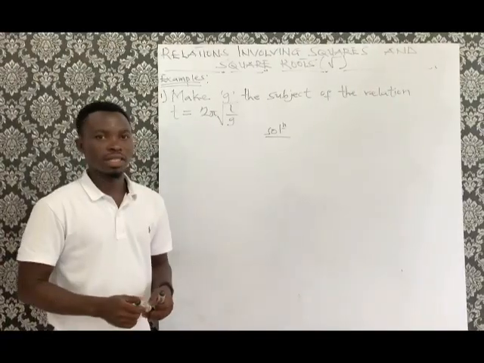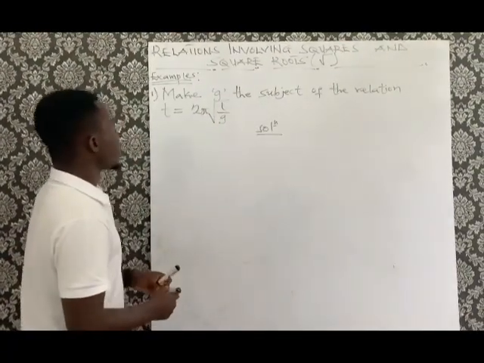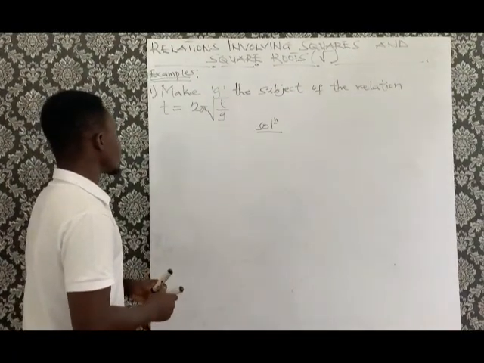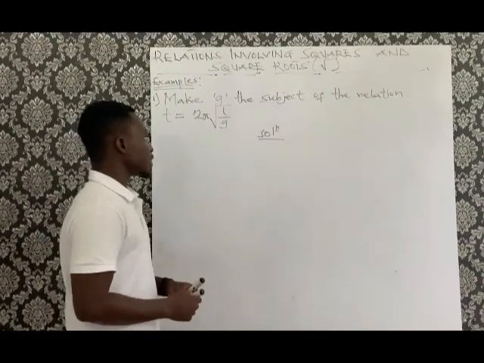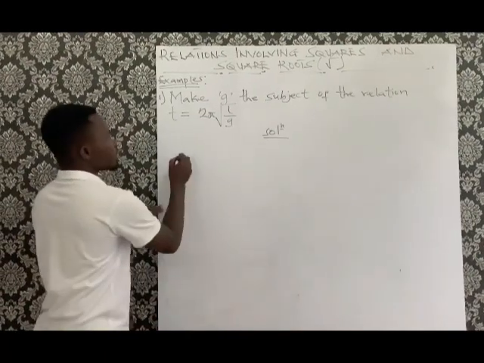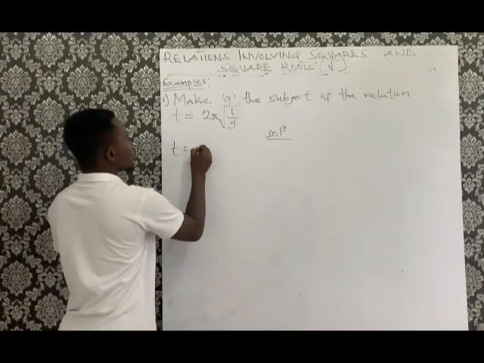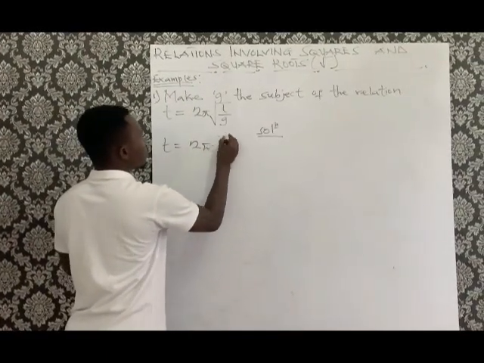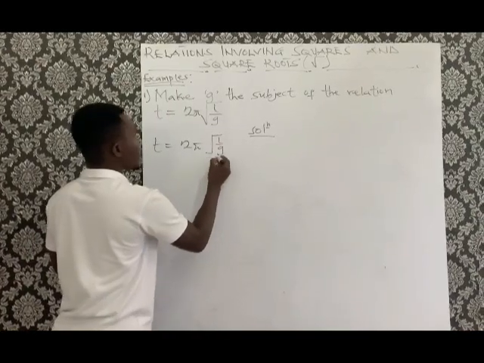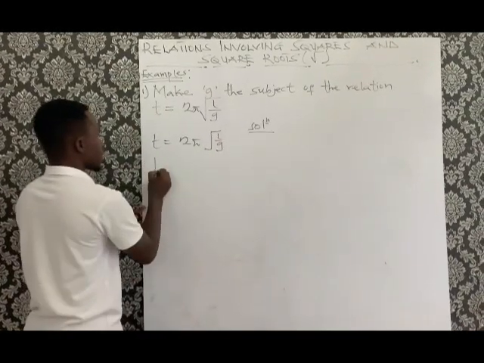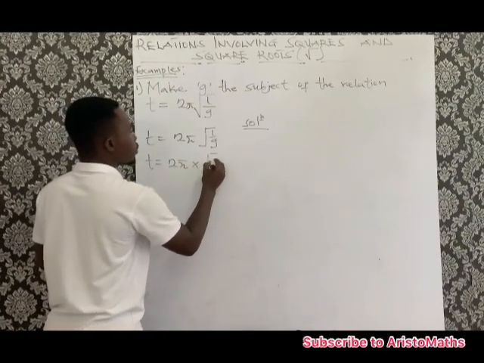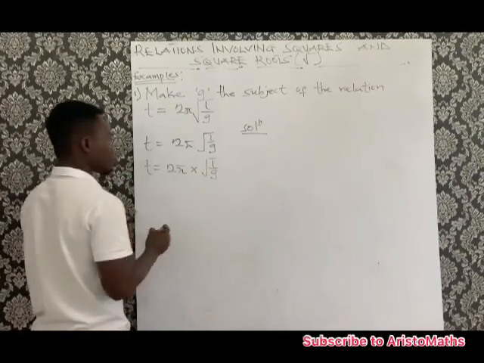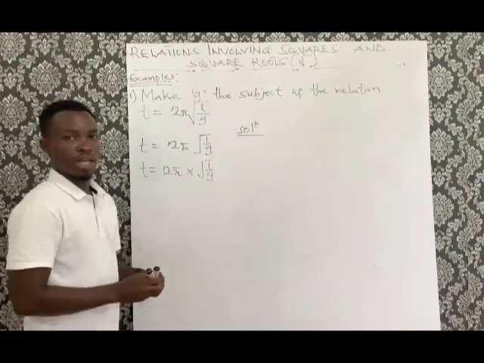Let's take our first example. Make G the subject of the relation T equal to 2 pi root of L over G. Now we have our relation to be T equal to 2 pi root of L over G. This can also be written as T equal to 2 pi times root of L over G. Now, there's a root sign over here.